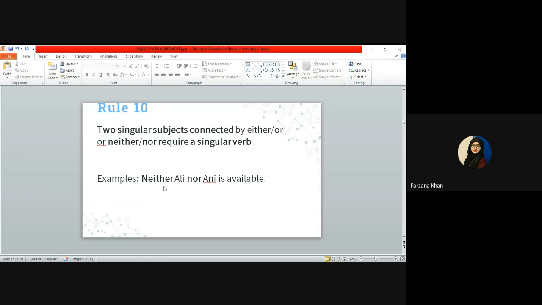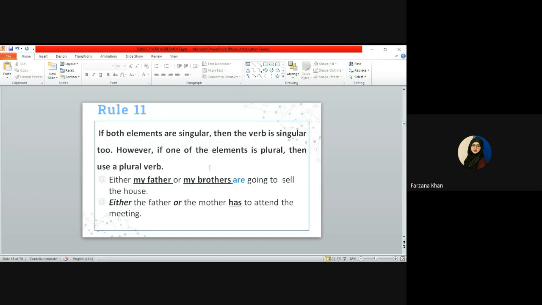Here you can see in the example, neither Ali nor Annie is available. So Ali and Annie have been connected by neither nor. Similarly, either or, if you are going to use it in a sentence, you will go for a singular verb. Let's move toward rule number 11.